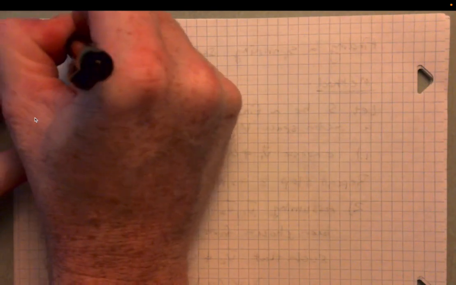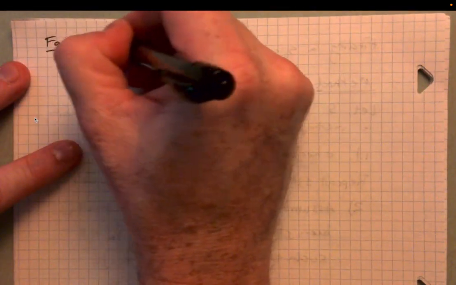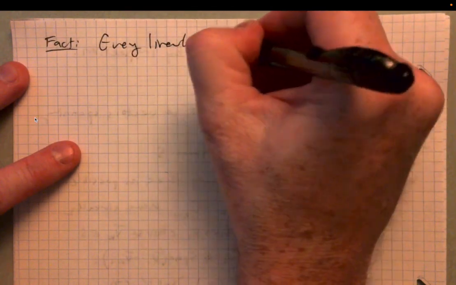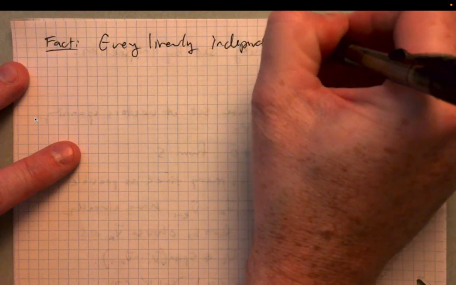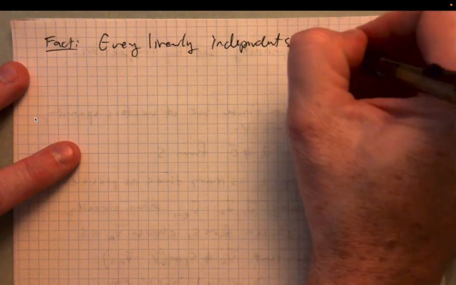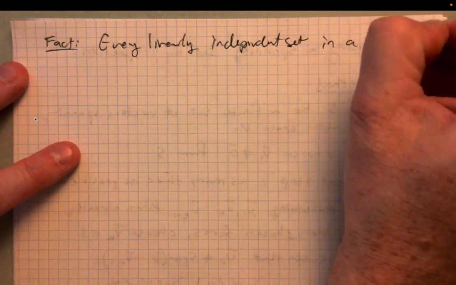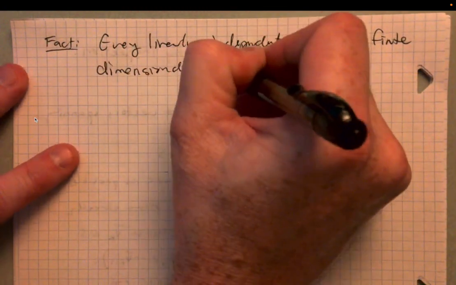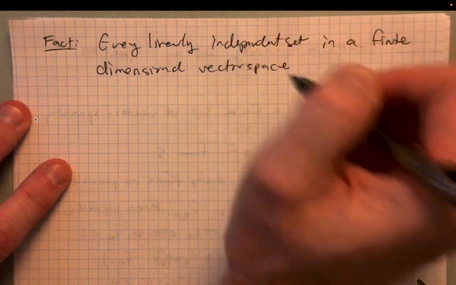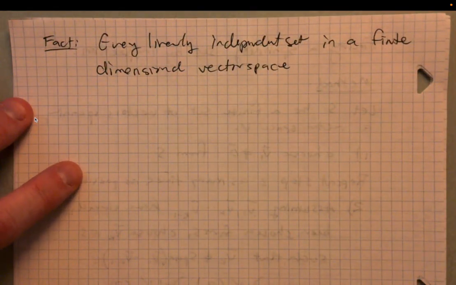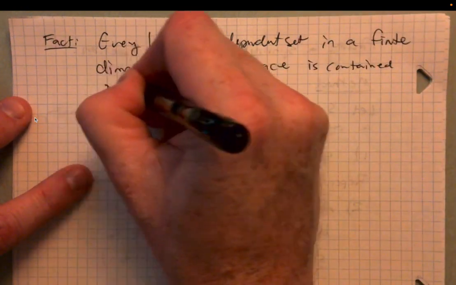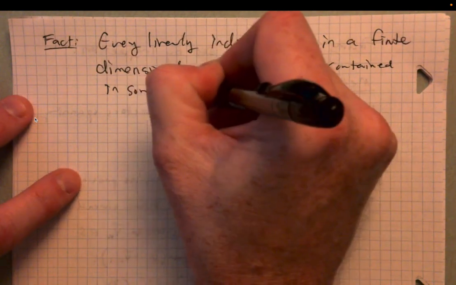Fact. Let's discuss this. We're going to talk this through here. So it turns out that every linearly independent set, okay, in a finite dimensional vector space is contained in some basis.